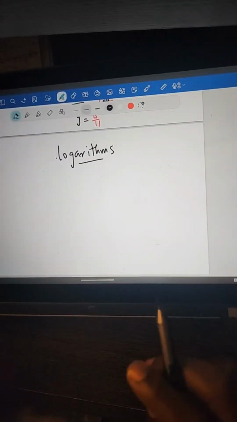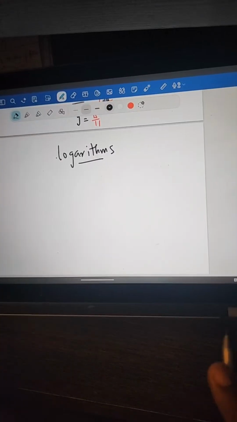So now, next, today we're going to start with logarithms. So here I'm going to start with some basic laws of logarithm. And what are the laws of logarithm?